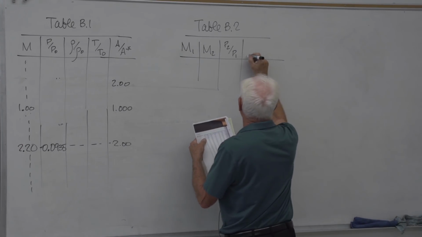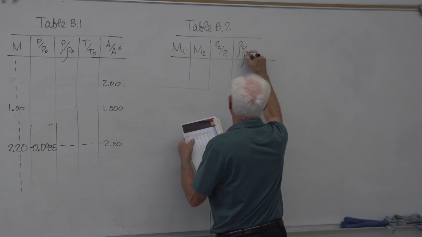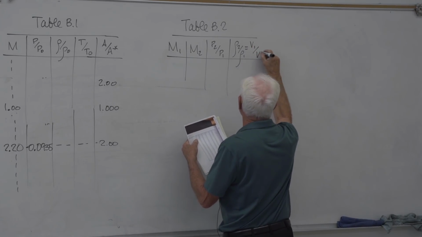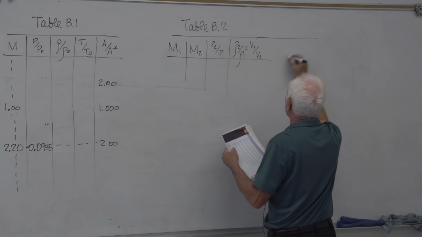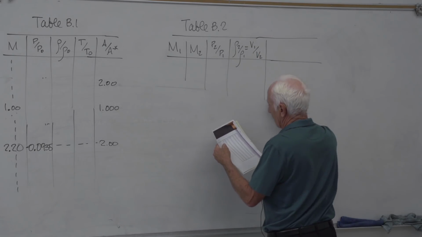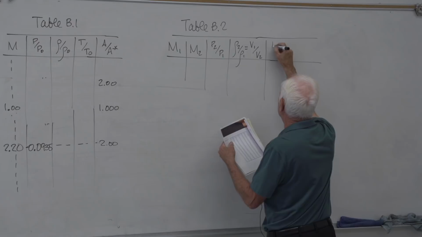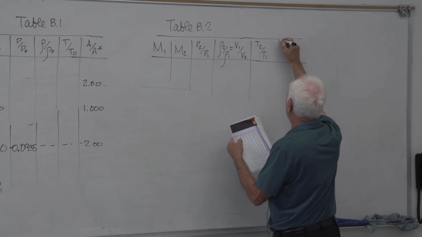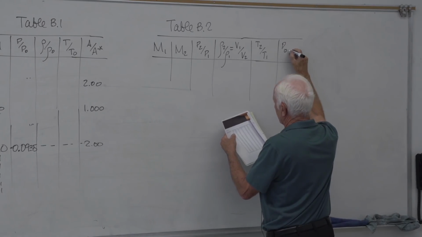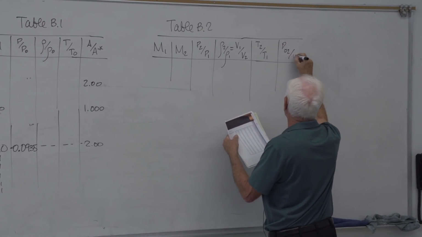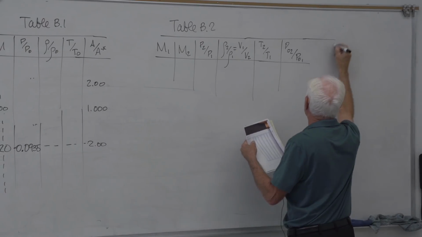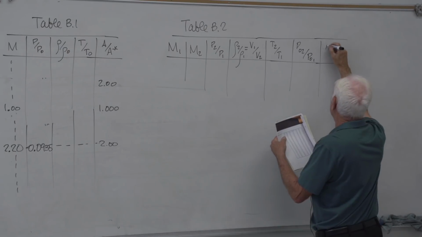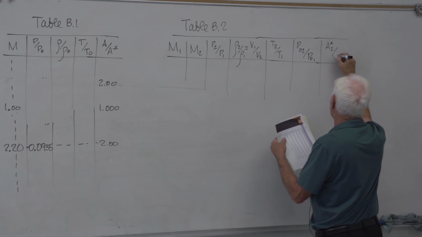We've got rho 2 over rho 1, which it can be shown is the same thing as V1 over V2. You can prove that. And then we have T2 over T1. And then we have P naught 2 over P naught 1. We're not done yet. And then we have A star 2 over A star 1.